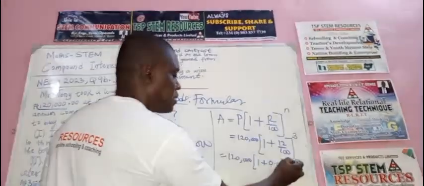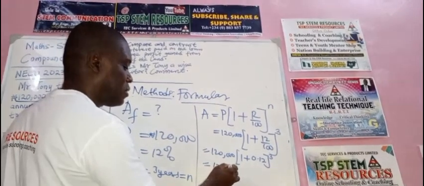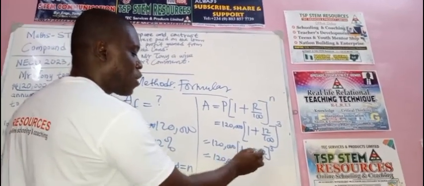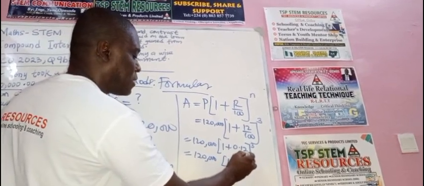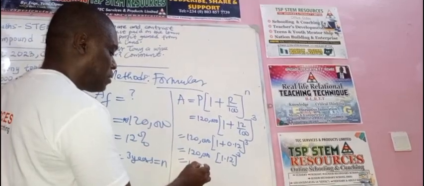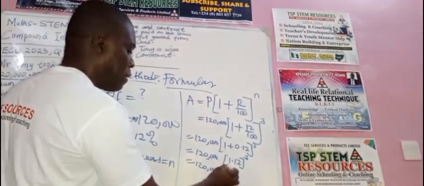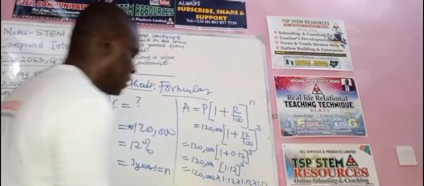Then raise to the power 3. Then this is 120,000 times 1 plus 0.12, that will give you 1.12 raised to the power 3. So I'm sure you know the meaning of this: 120,000 times 1.12 times 1.12 times 1.12. That is the meaning of this raised to the power 3.